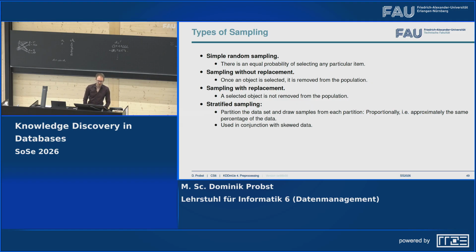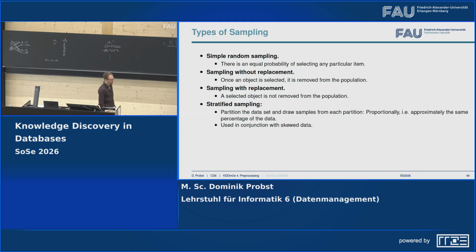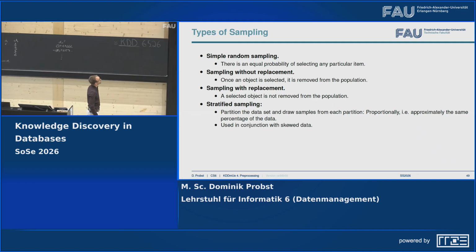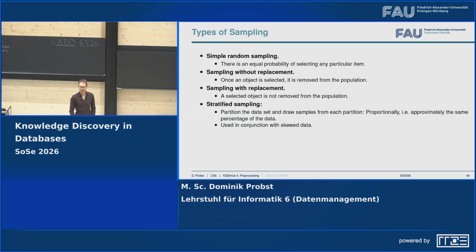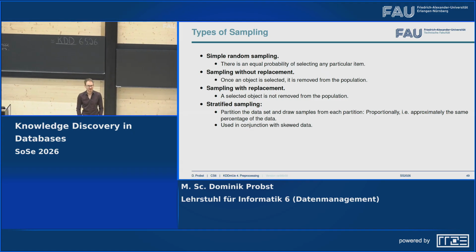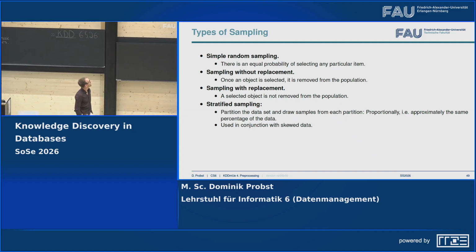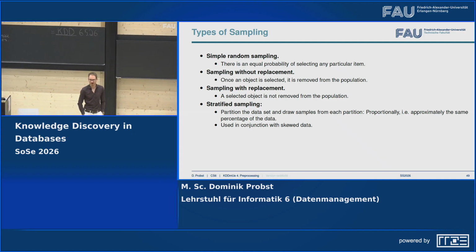Now we get to the more sophisticated method, stratified sampling. In stratified sampling, we try to put the dataset into different partitions which are similar to each other, and then draw samples from each partition. So every partition is represented in the final sampling.